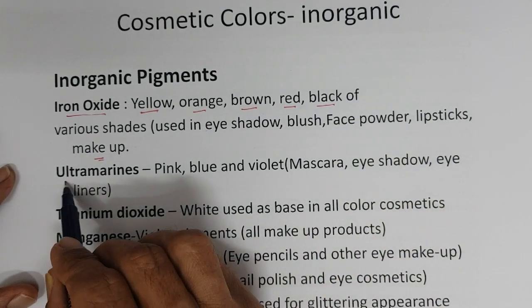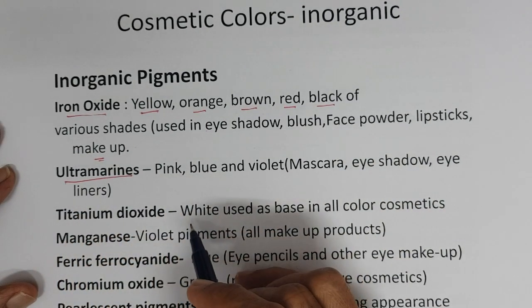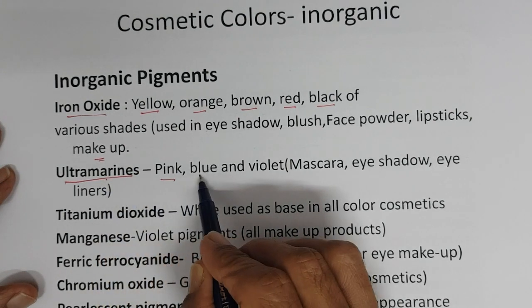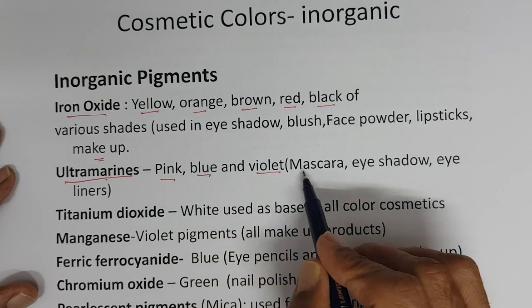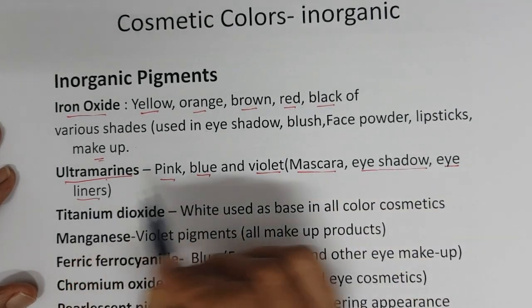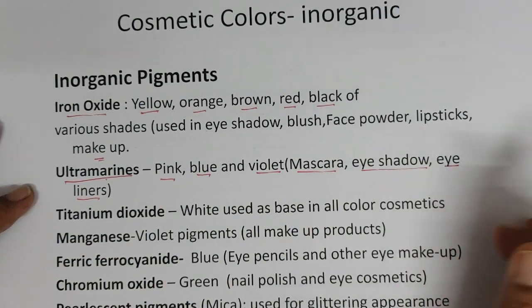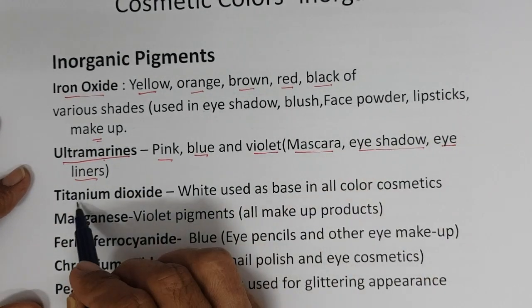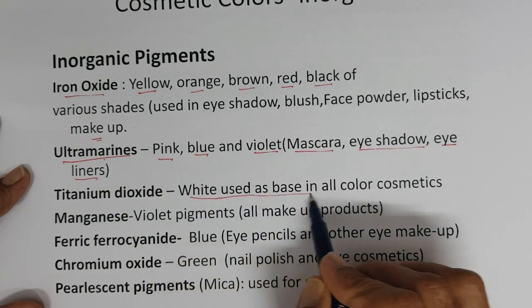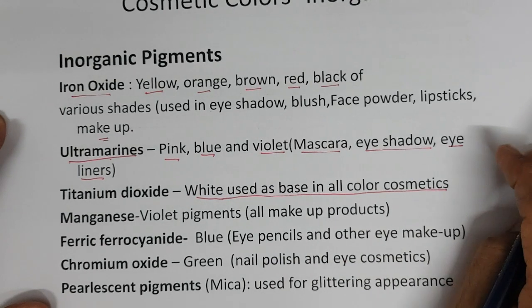So ultramarines are available in pink, blue and violet, used in mascara, eyeshadow, eyeliners, right? Then titanium dioxide, it's white, used as a base in all color cosmetics.